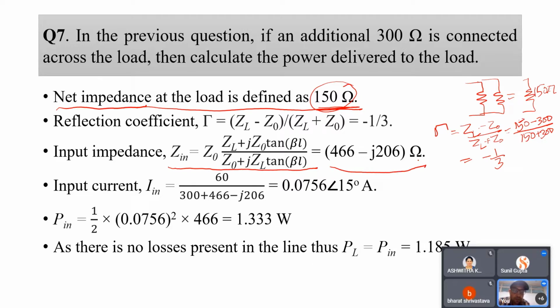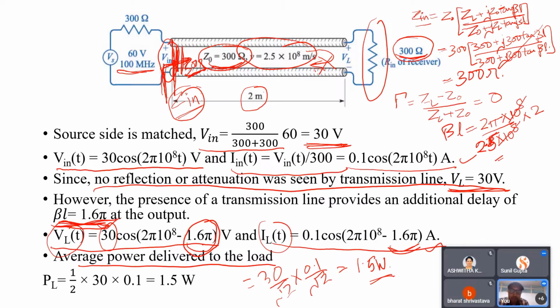After calculating, I found that the input impedance will be 466 minus j 206 ohm. This is the input impedance seen at the source side, at the input of this transmission line.